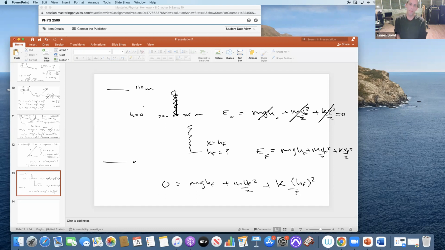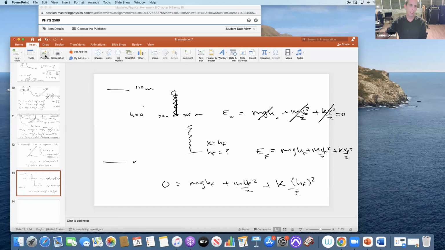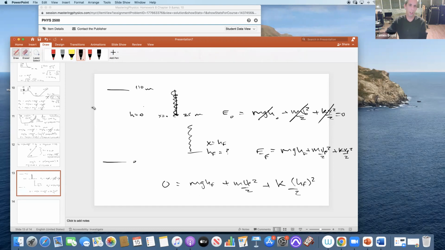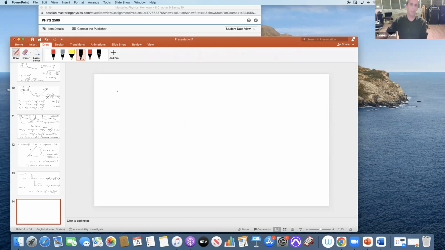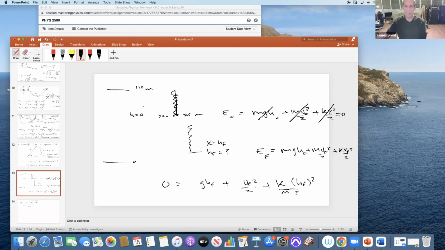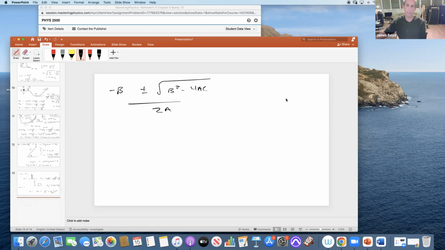Now, first of all, I can get rid of my m's by dividing through everything by m. And I get k over m. Now, if I remember negative b plus or minus the square root of b squared minus 4ac over 2a, my a is the one attached to the squared, so it's k over 2m.